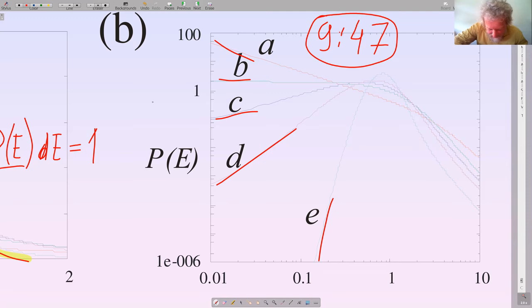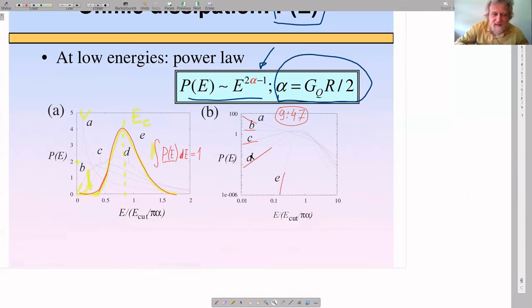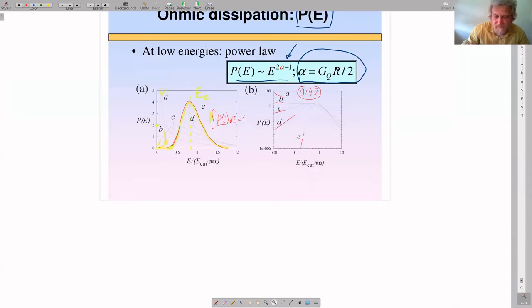Let me recall that we just looked at the probability of energy loss, the P of E function, in the case of a resistor, the ohmic case.